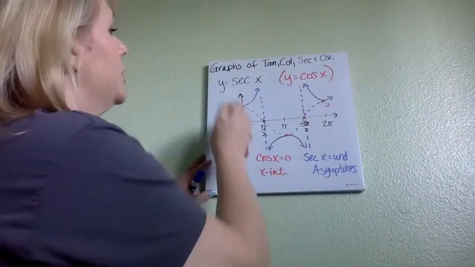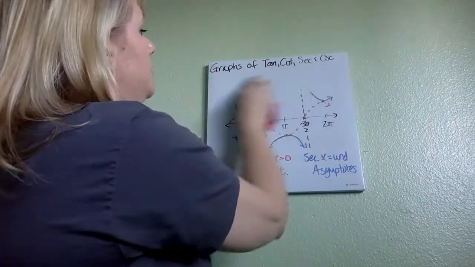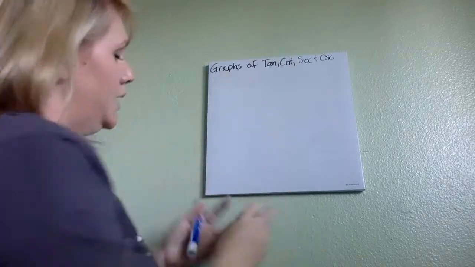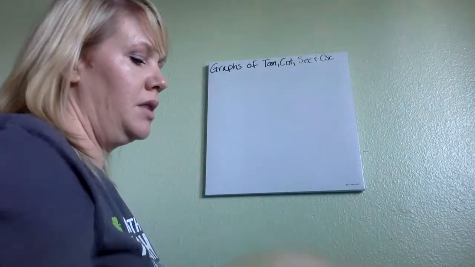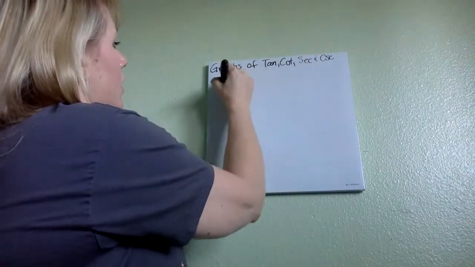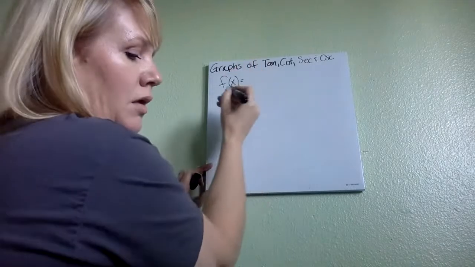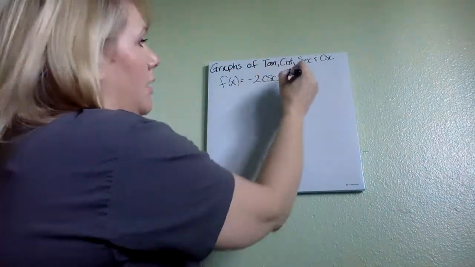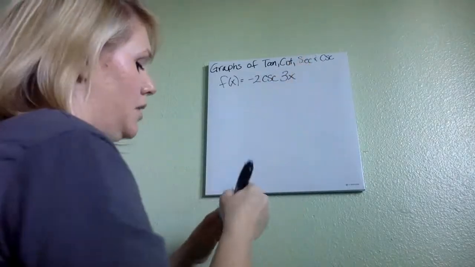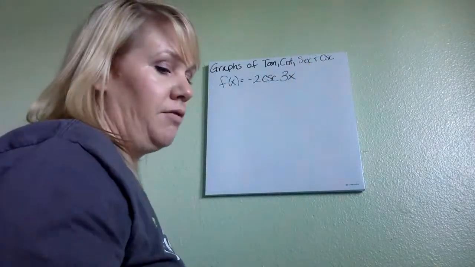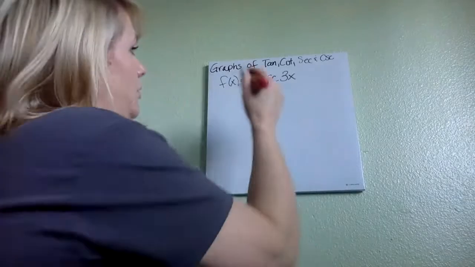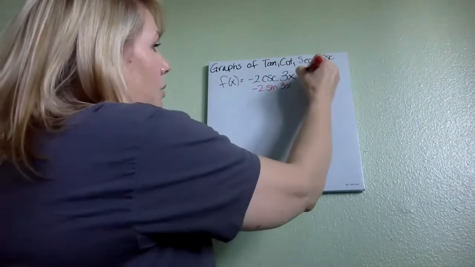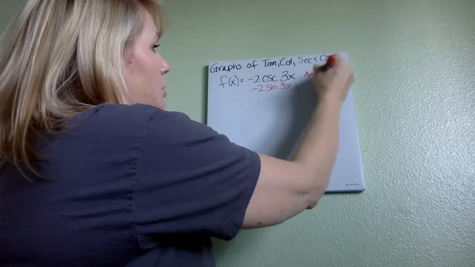So what if I was going to graph, let me erase this. What if I needed to graph -2 times the cosecant of 3x? We would start by graphing -2 the sine of 3x, and we would identify our amplitude, which is 2.